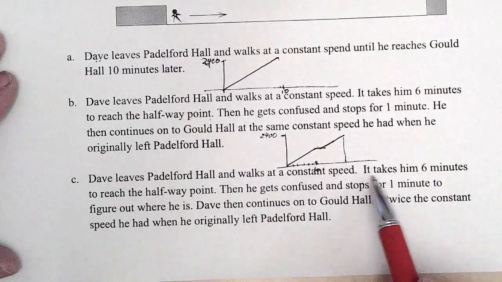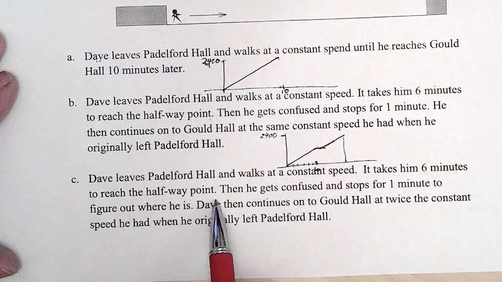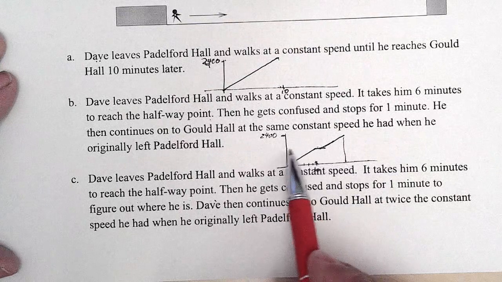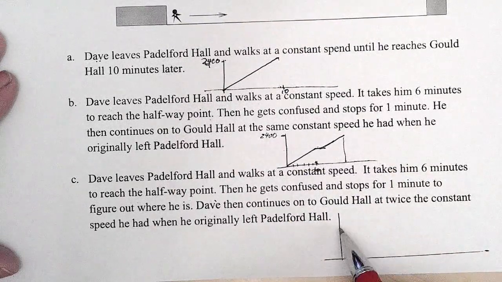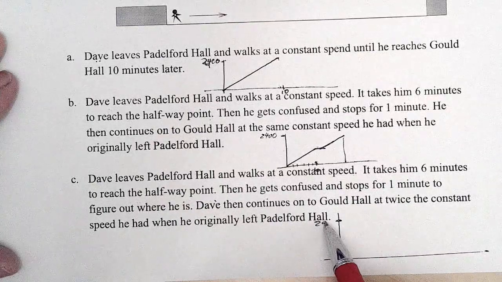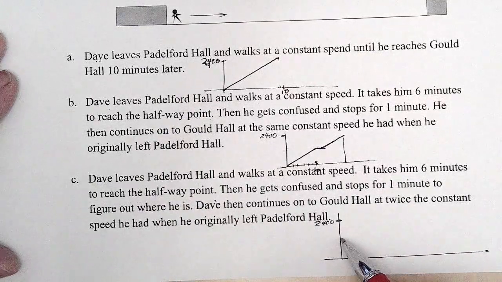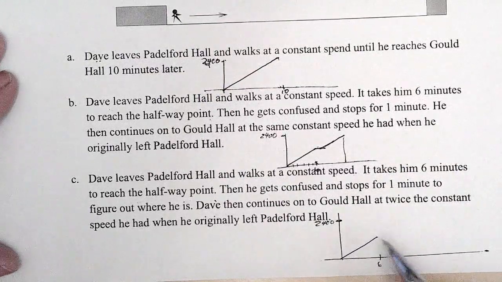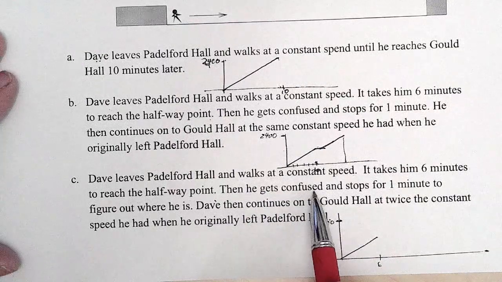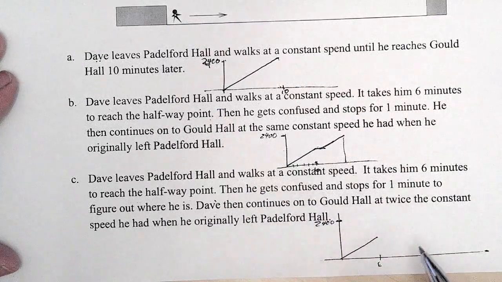Okay. Walks at a constant speed. It takes him 6 minutes to reach the halfway point. That was about halfway. So 2,400, and halfway in 6 minutes. So let's say that's 6 minutes, and a constant rate. He gets confused, stops for a minute to figure out where he's at.